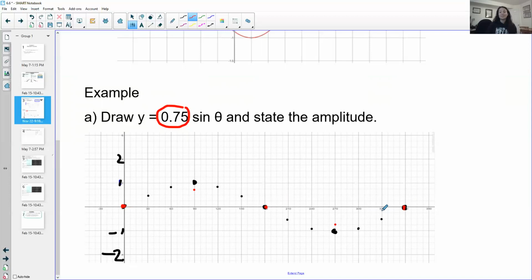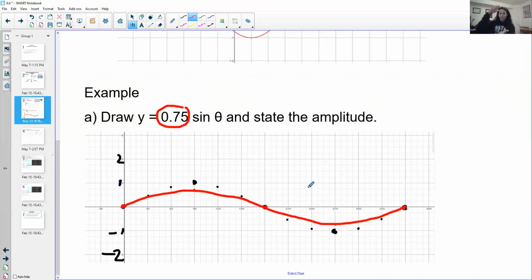So 3 of our points don't move. And we have a graph that now looks like it's been vertically compressed. I'm going to do my best to connect my dots and give you a really pretty curve, and then you can compare it to the little black dots that I've put on. There it is. The black dots are my basic sine function. The red line is my compressed sine function, and you've got it.